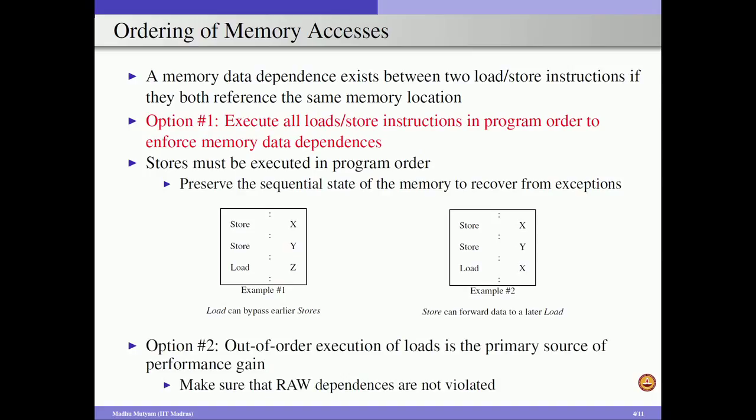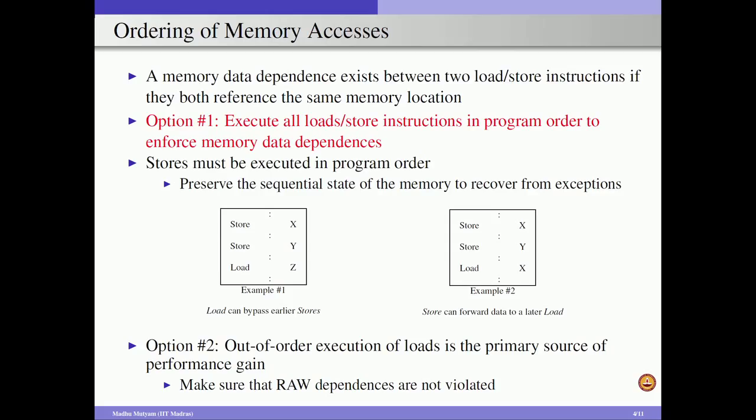Effectively, option 2 to deal with memory operations is to go for out of order execution of loads, so that we can improve the overall performance. But when we go for this out of order execution of loads, we have to ensure that read after write dependencies, that is true dependencies, are not violated among the instructions.